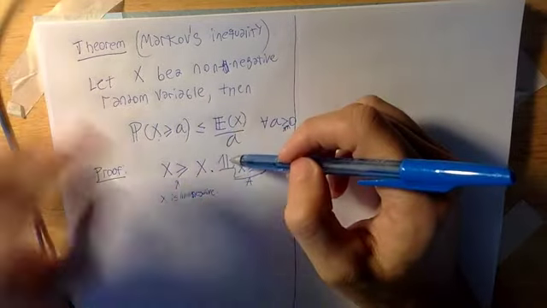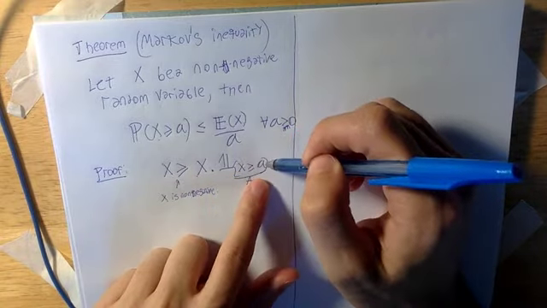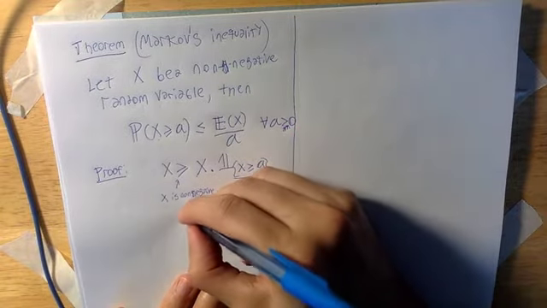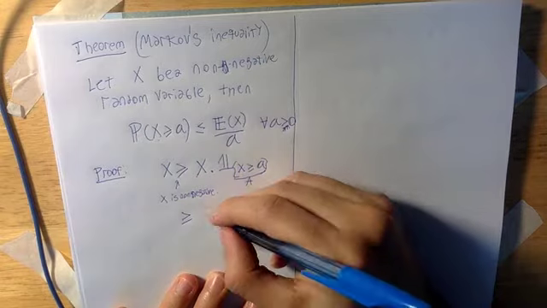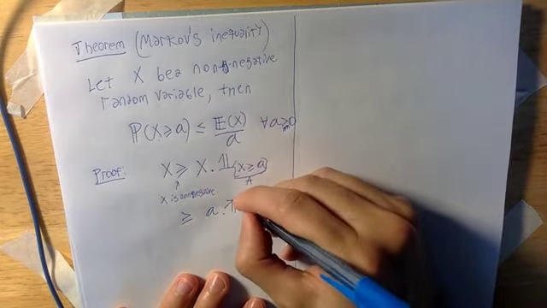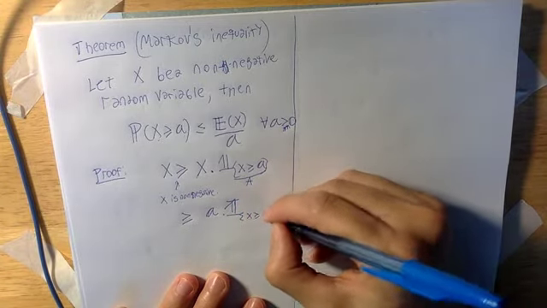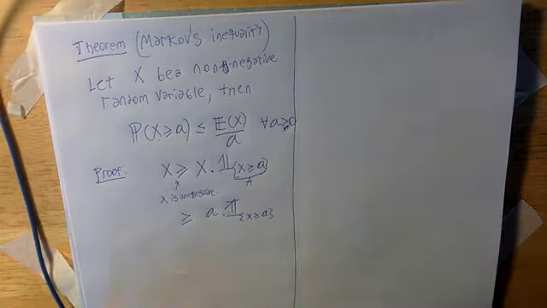And in particular, over the set where the indicator x bigger or equal than A holds, this is also bigger or equal than A times the indicator of x bigger than A.